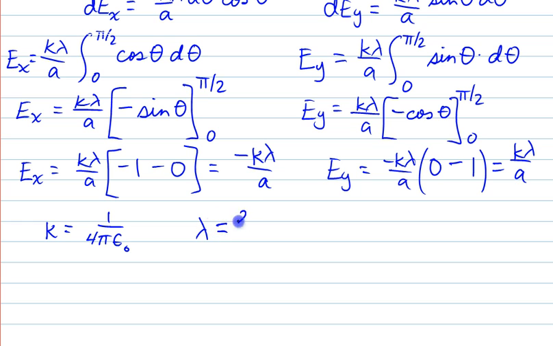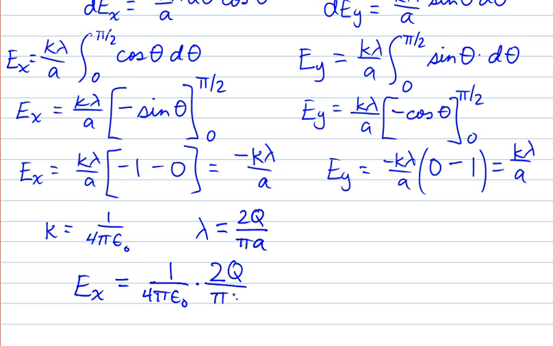So lambda is 2q over pi a, which means that Ex is really 1 over 4 pi epsilon naught times 2q over pi a squared. Similarly, Ey actually is going to have the same magnitude. We kind of expect this sort of symmetry going on, and it's going to be k, or 1 over 4 pi epsilon naught, times lambda, 2q over pi a, and then that's going to be squared also.